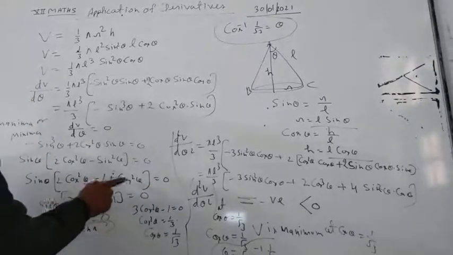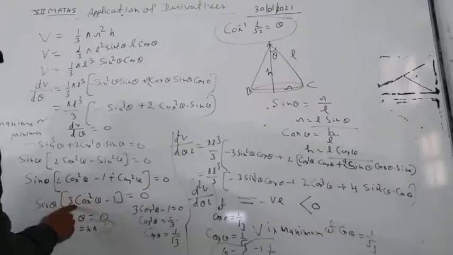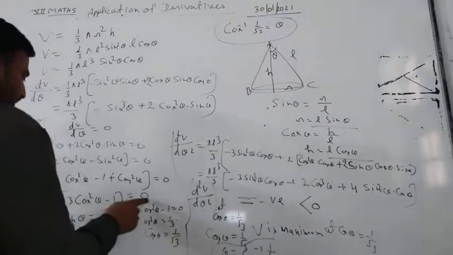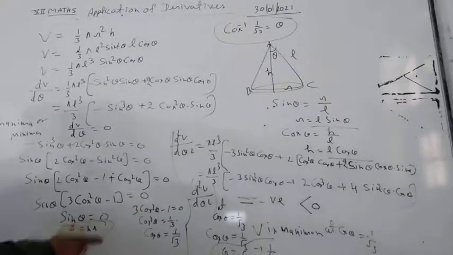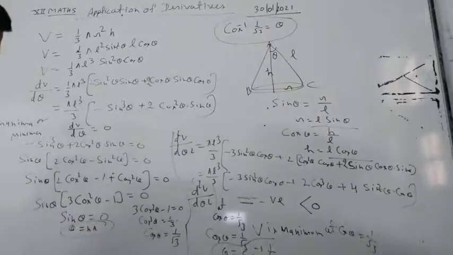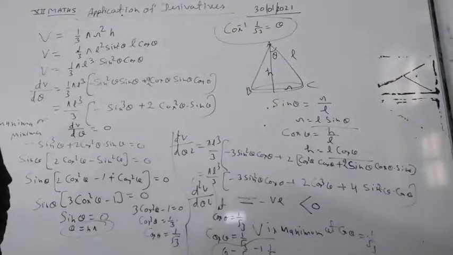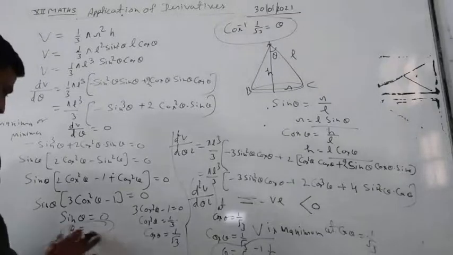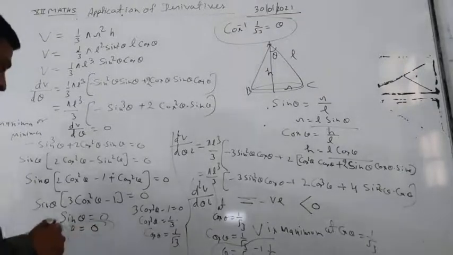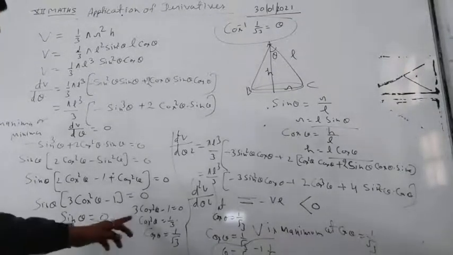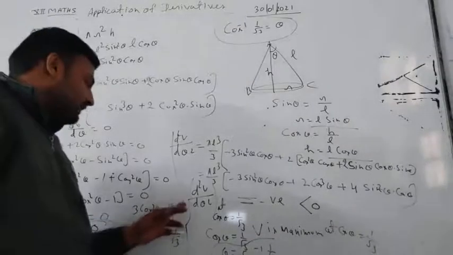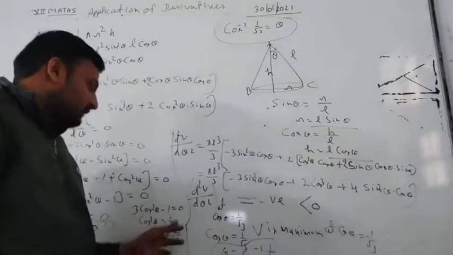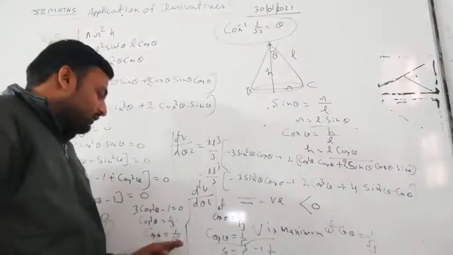Adding this, we can write 3 cos square theta minus 1 is equal to 0. So theta is 0 from one factor. From here our theta is 0, and 3 cos square theta minus 1 is 0, so cos square theta is 1 by 3, so cos theta is 1 by root 3.